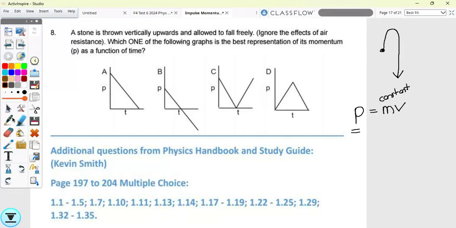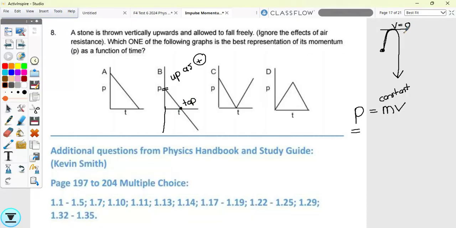So now, if you think back to your velocity time graphs, they looked like this. Okay, remember this graph took up as positive. While it's moving up, it's that part there, it's slowing down, slowing down, slowing down. And as it gets, remember V at the top is always 0, so that is going to be the top.